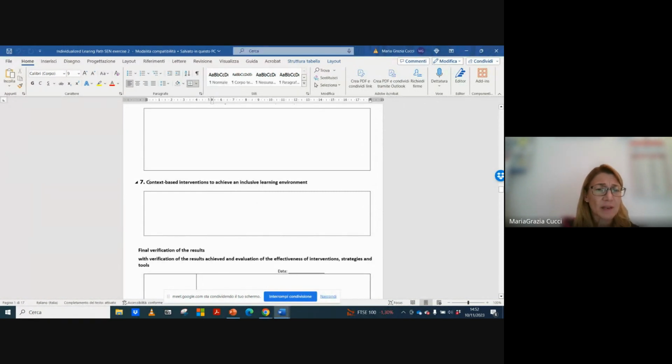And then we can check another very important thing, context-based interventions to achieve an inclusive learning environment. Maybe last time I also gave you this example.